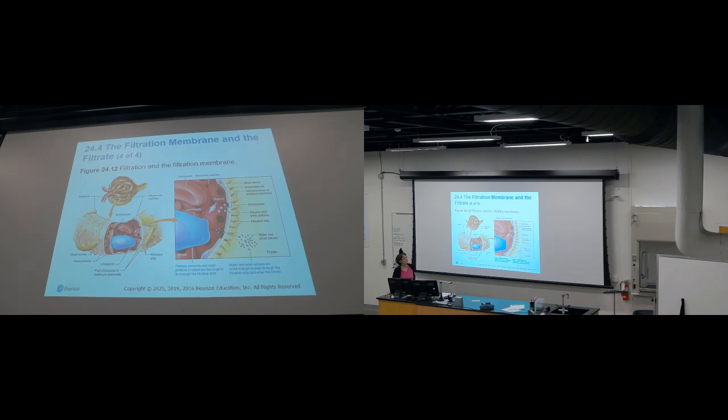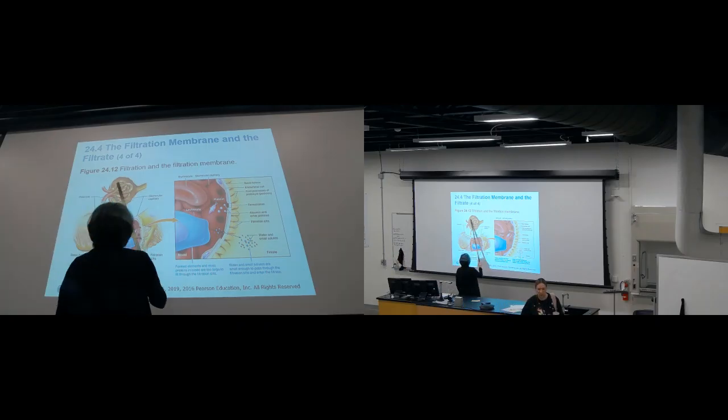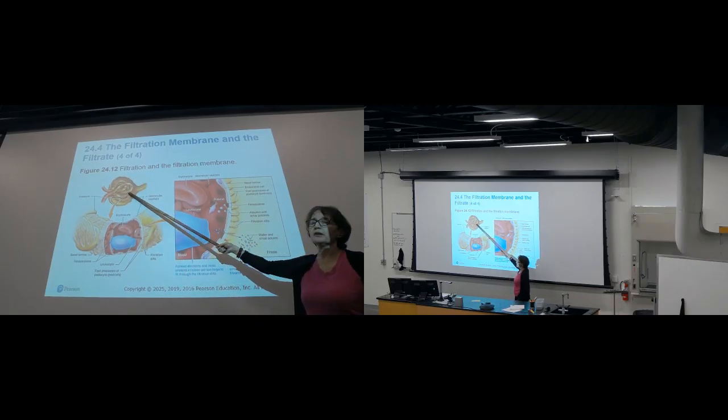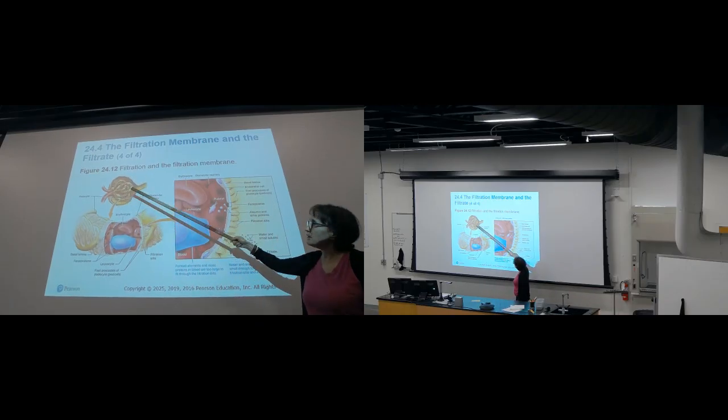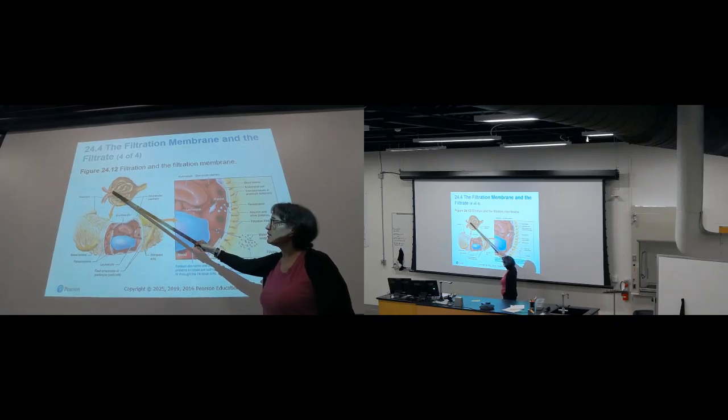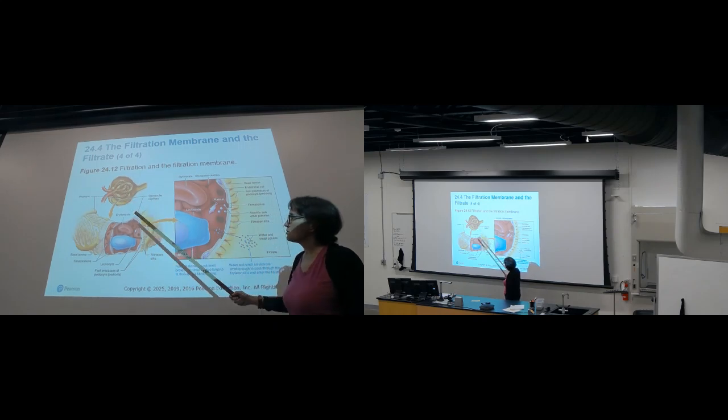Okay, so we were looking at the different structures of the filtration membrane. The filtration membrane, if you recall, is part of this corpuscle, which is the area where we have the capillaries derived from the afferent arteriole, and this is where we filtrate our plasma.